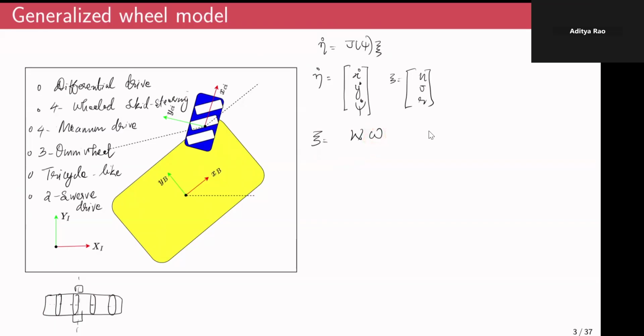The angular velocity of each of these wheels would be given as an input to the actuators. So this mapping would be more specific depending on the configuration that you would be using, right? And so for that, to have a W matrix, or this assembly matrix, we need to find a generalized wheel model. So we'll look into the derivation of that in a detailed manner.